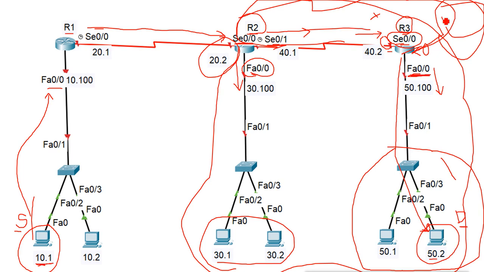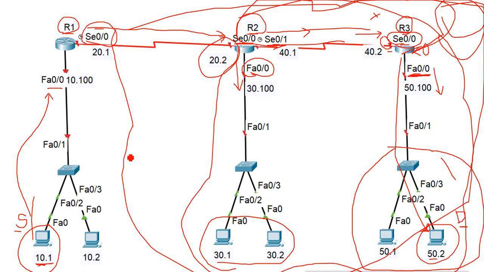So it is not useful to apply it here. Now if I apply it on router 1, on this interface, again the same problem. The whole network of this side will be blocked for this 10.1, and if it has any other port to go from there, it can again reach the network. It can reach this 50.2 from the other side.